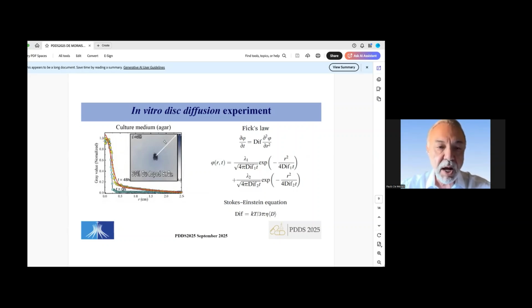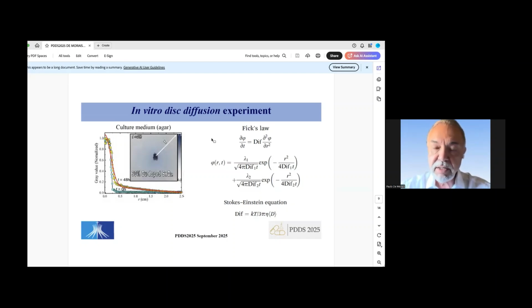And you can see the plot. We have one near to, let's say, the 0 time. Actually, it's not the 0. It's actually 10 minutes. And then we can see the other plot, which is 48 hours. This is the picture of 48 hours. And then we can extract the intensity as a function of the distance from the center.